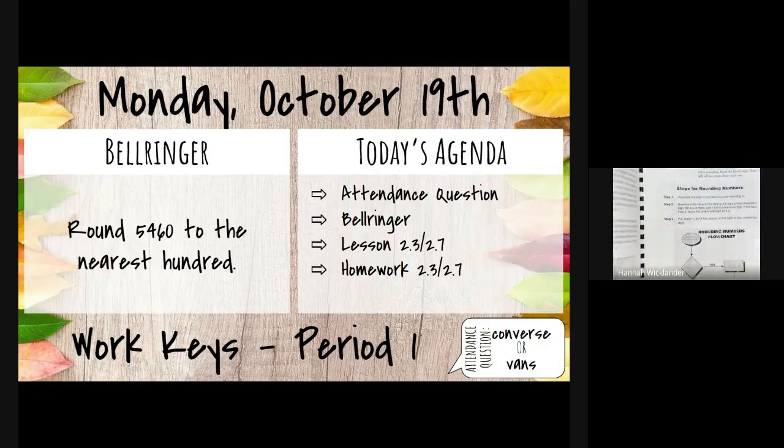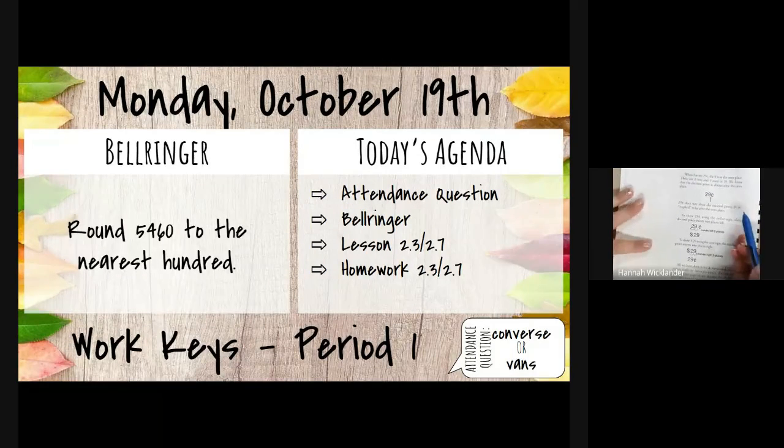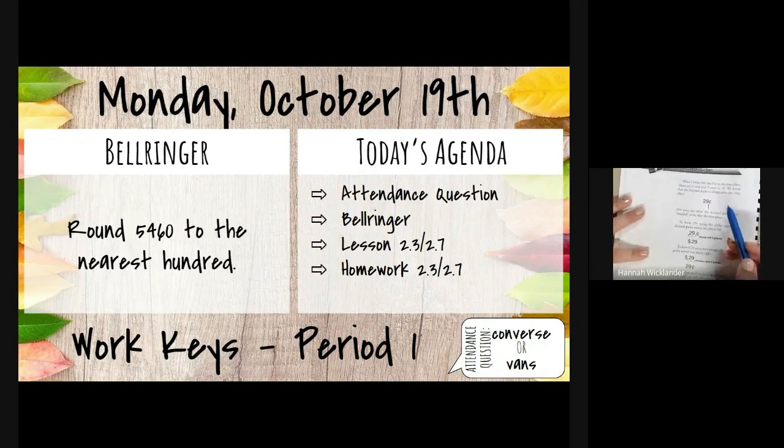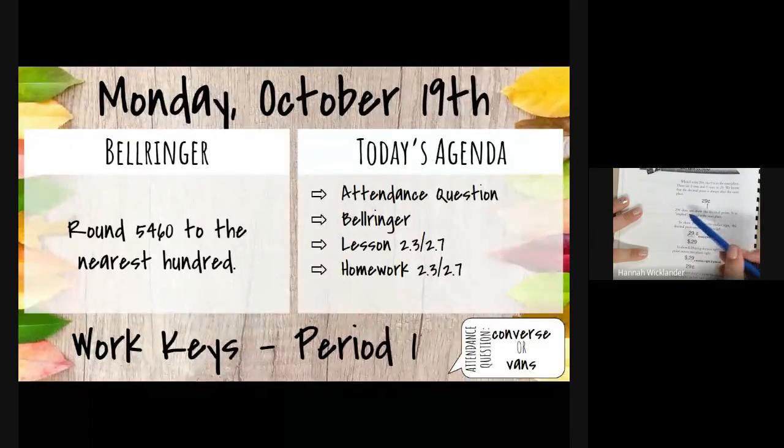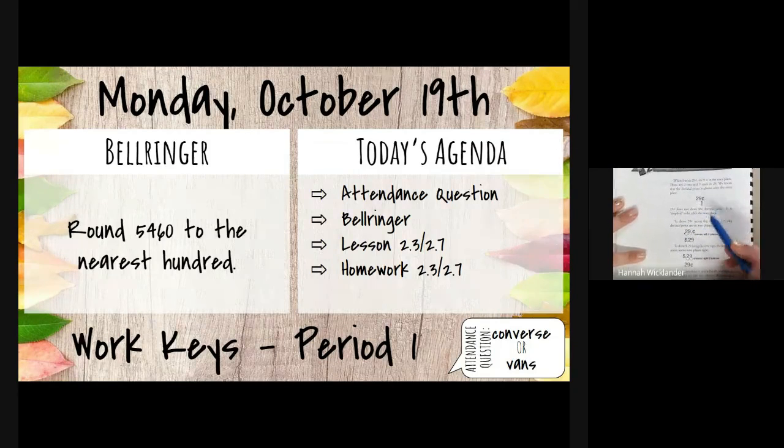Okay, and then last page. When I write 29 cents, the 9 is in the ones place. There are 2 tens and 9 ones in 29. We know that the decimal point is always after the ones place. 29 cents does not show the decimal place. It is implied, which means we know it's there, we just don't write it.